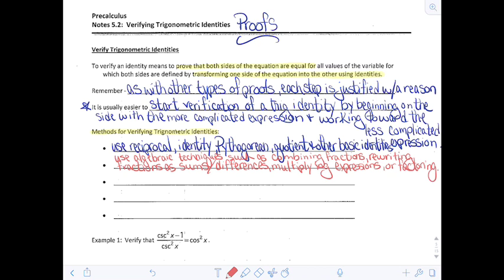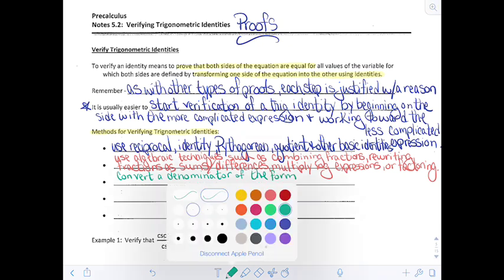Okay, another technique that you may use would be to convert a denominator of the form, so again, this is where we might use the conjugate.